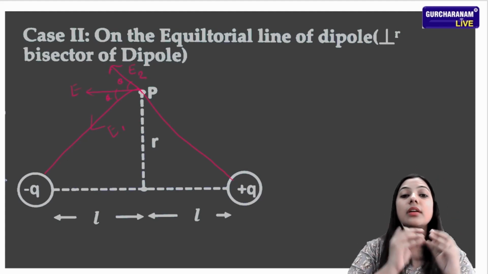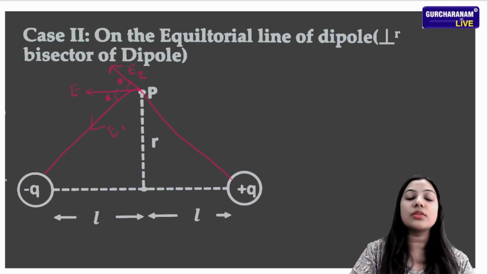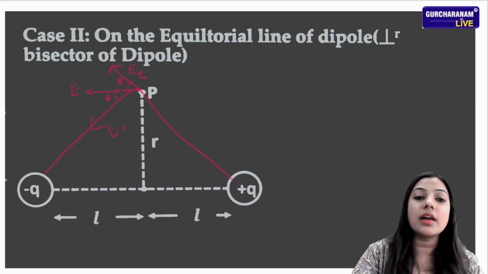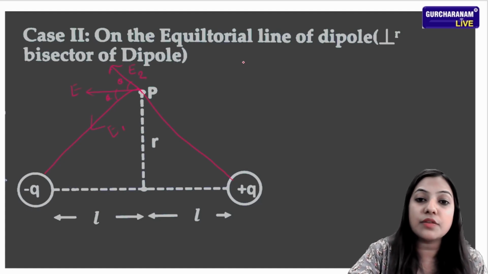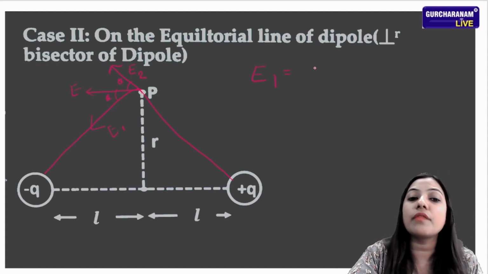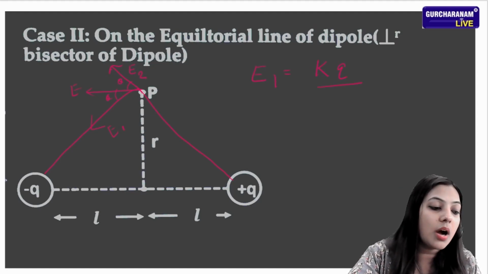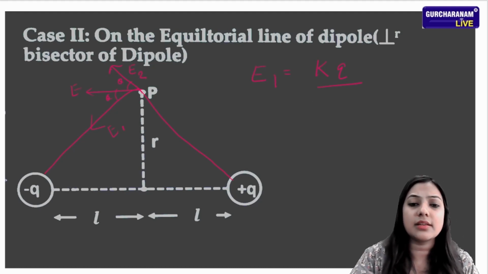We have to find the net electric field due to minus q charge and plus q charge. So the angle between E1 and E2 is theta. First of all, we have to find the electric field E1, whose value is kQ upon the distance squared. For this we have to find the distance.